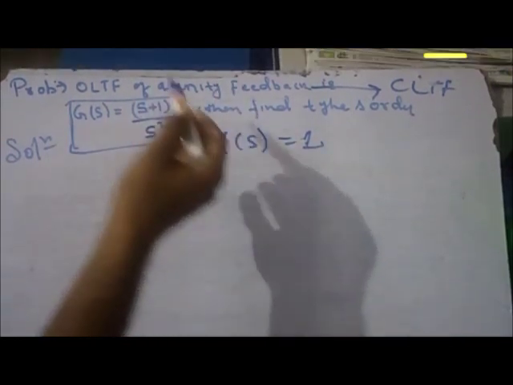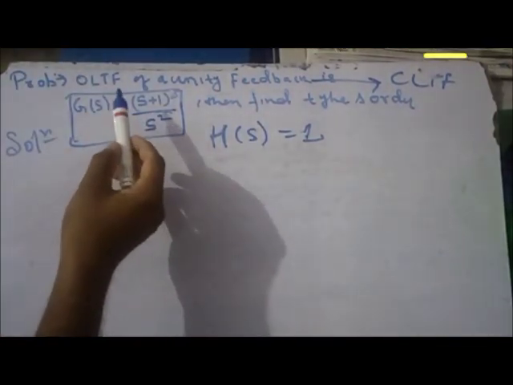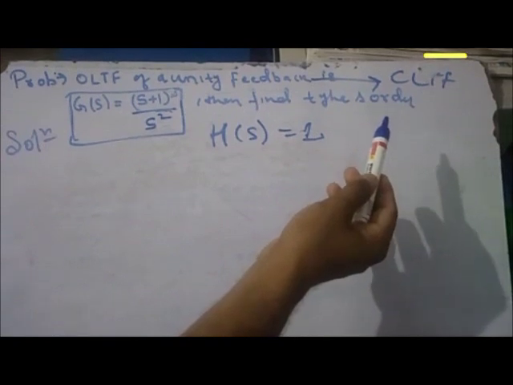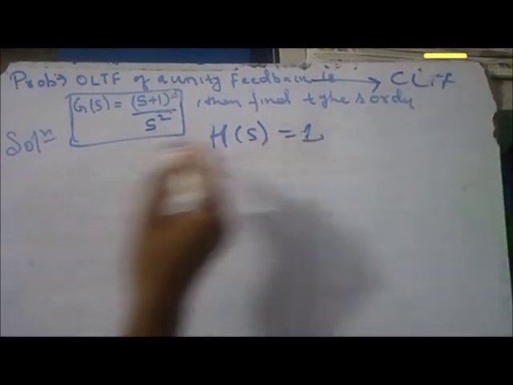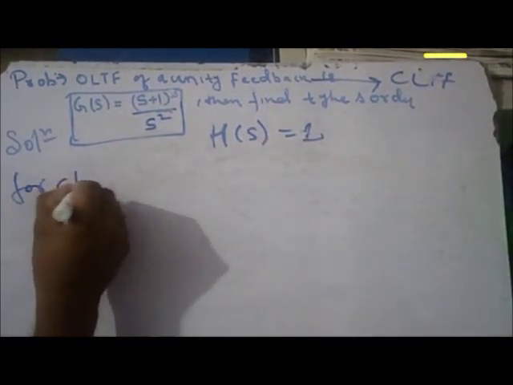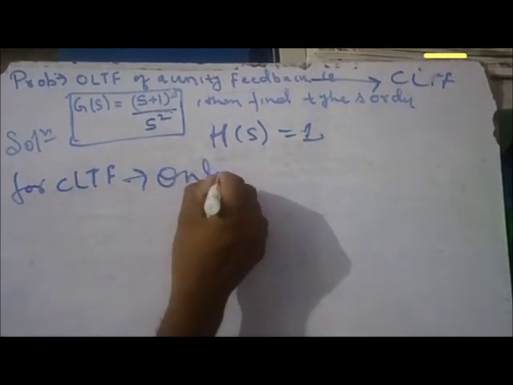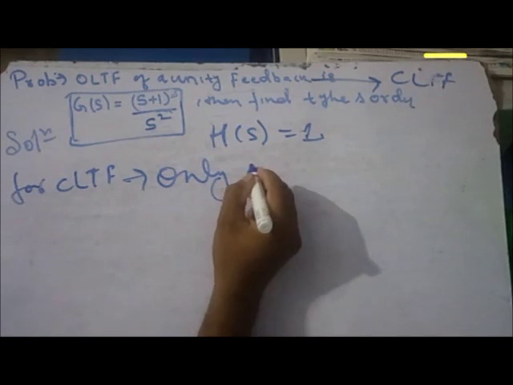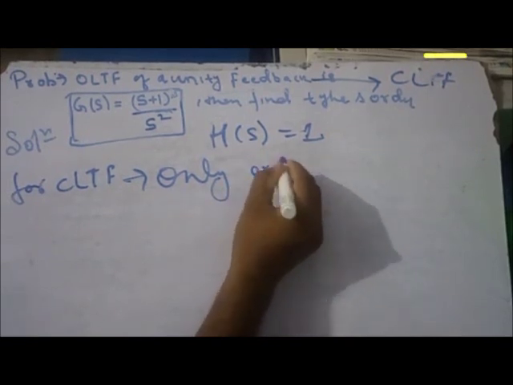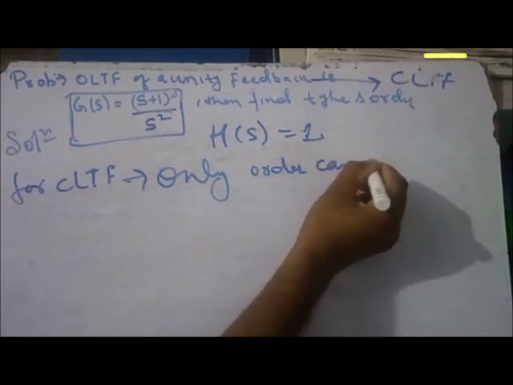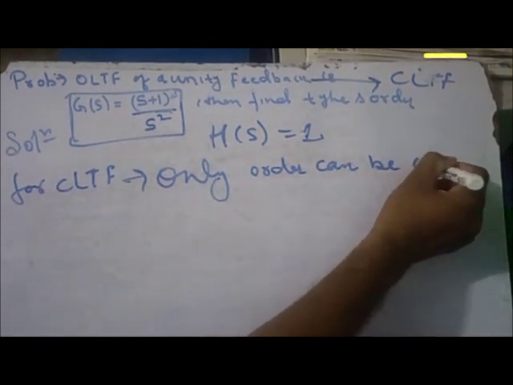For the closed loop transfer function, only the order can be calculated, not the type. So for finding the order, G(s) is given.